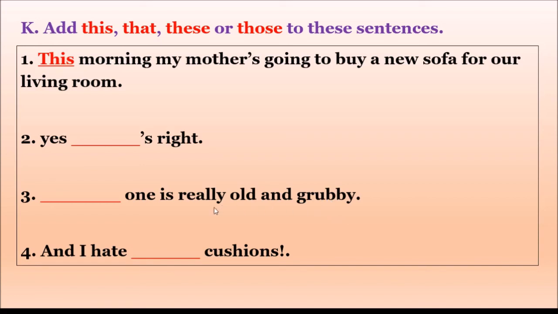One means it is singular, so these and those will not come. Only this and that. When you're talking about a singular and the sentence seems like that particular thing is near to them, so this one is really old and grubby.